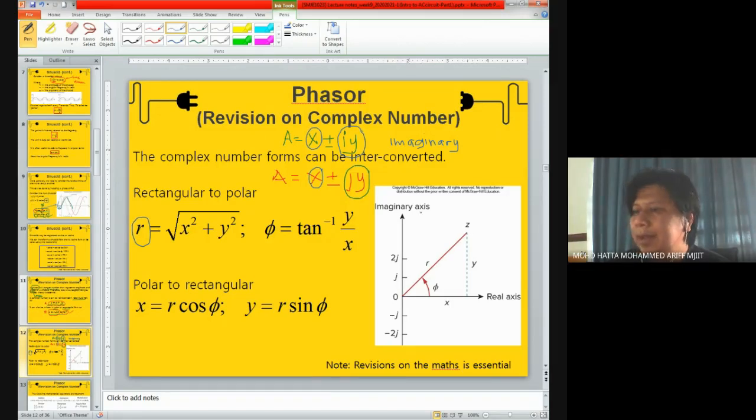This diagonal line, sometimes called radius, can be calculated using this equation: the value of x squared plus value y squared, and we square root it back.